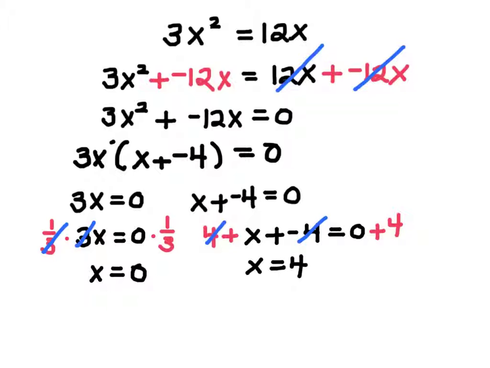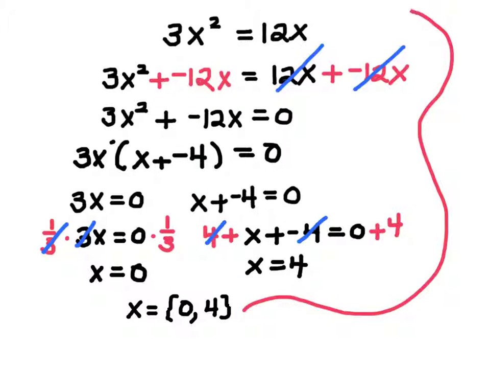So for the original equation to be true, the values of x that will solve this equation are x is equal to 0 or 4. And we should check our solution by plugging in these values of x into the original equation. When we do, we'll find that both of these solutions are valid solutions.